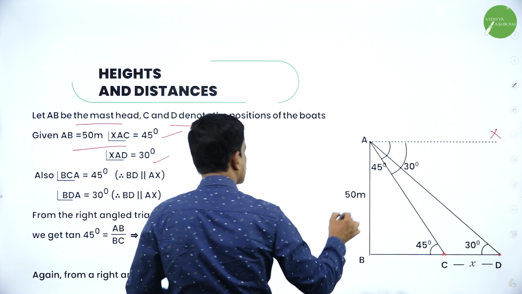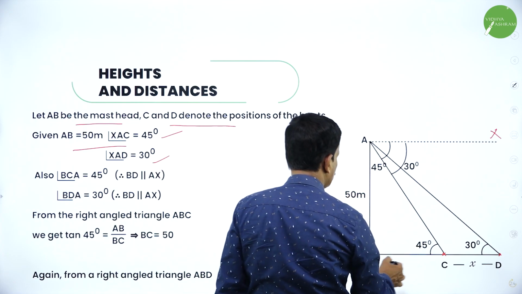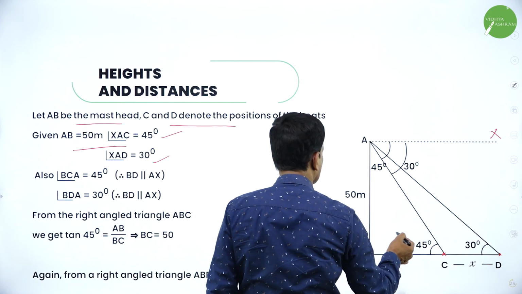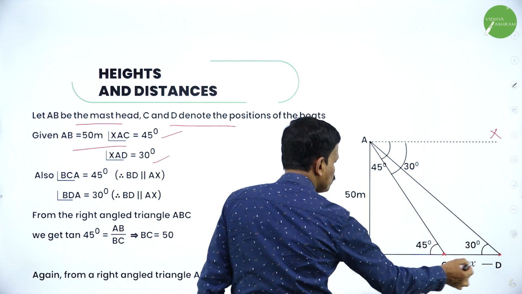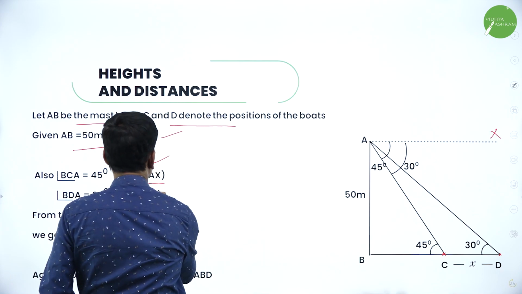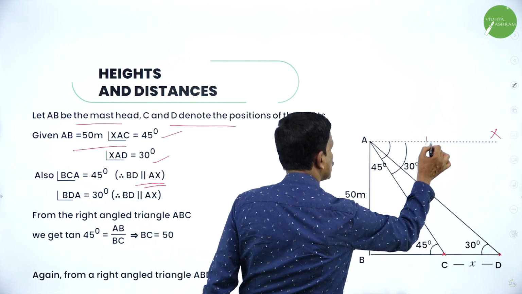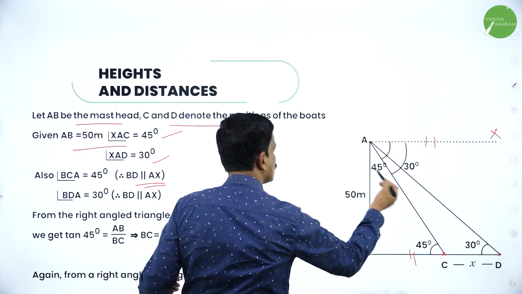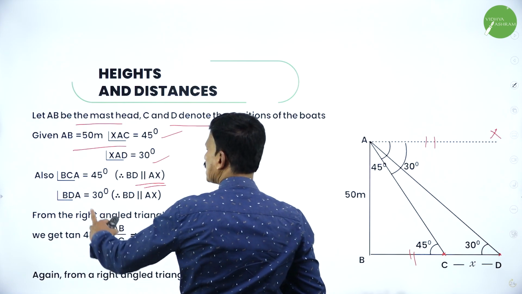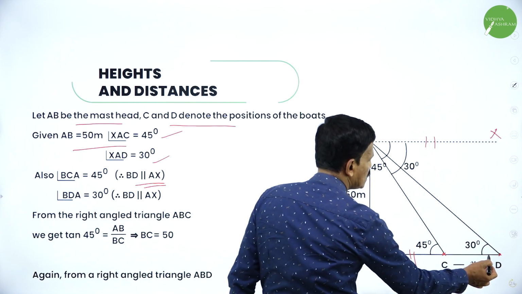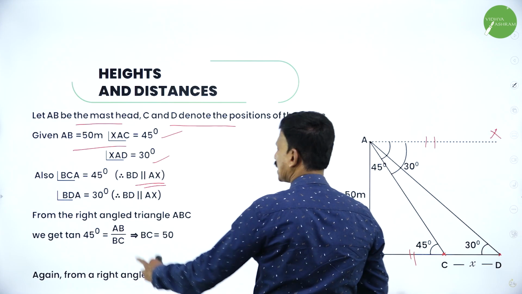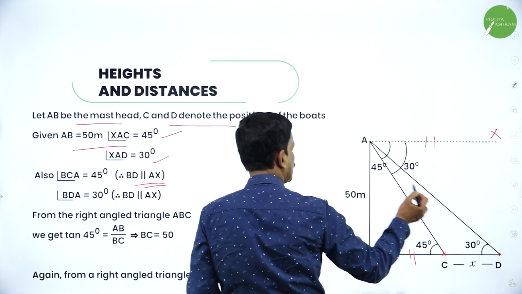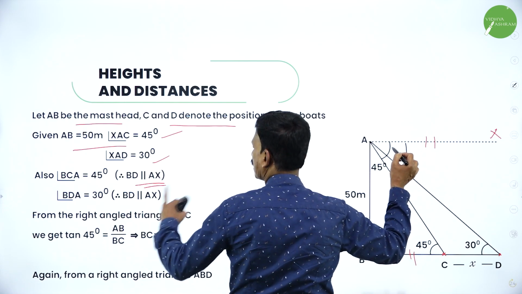Now also from triangle BCA, angle C is equal to 45 degrees because this line BD is parallel to AX. So therefore angle BCA is equal to 45 degrees, and similarly angle BDA, this angle D, is equal to 30 degrees, because again BD is parallel to AX.